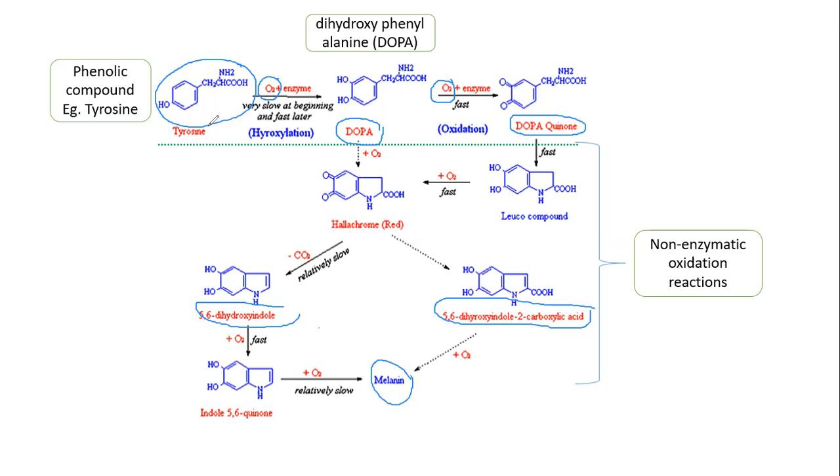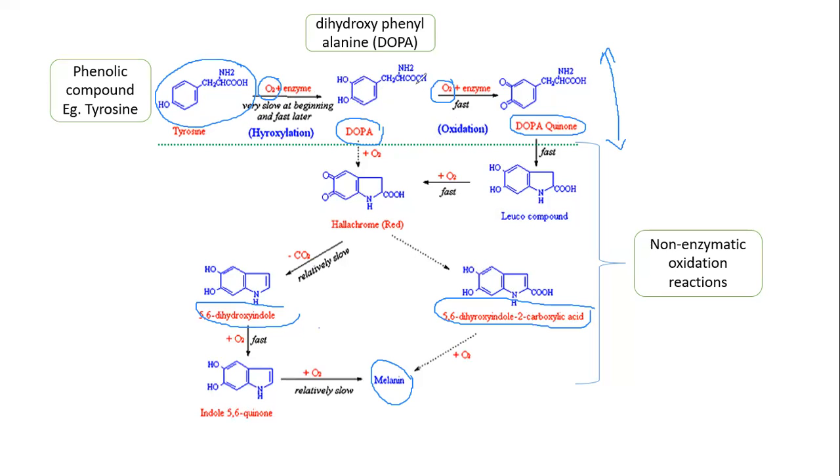So this is the phenolic compound. The first part of this conversion is enzymatically catalyzed. The second part is a non-enzymatic oxidation reaction. In the enzymatic conversion, tyrosine first undergoes hydroxylation yielding DOPA, and DOPA undergoes oxidation reactions with oxygen as a co-substrate.